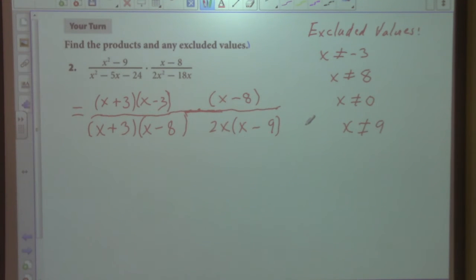If you cross out x minus 8, Gabby, you say this here too? The x minus 3 and x plus 3? Well, it's x plus 3 over x plus 3, so these will cancel out. Anything else we can cancel?